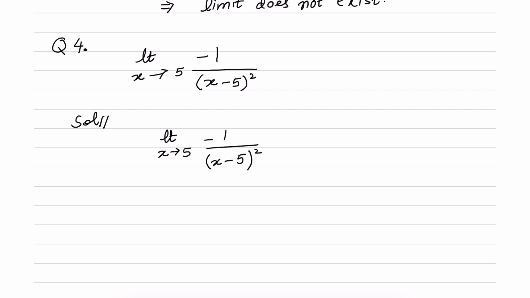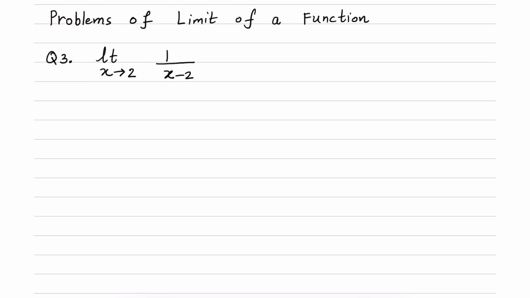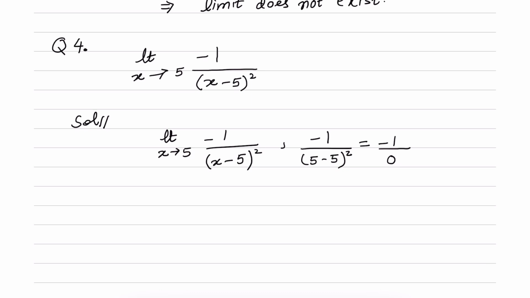And here the number is 5. When we directly plug in the number here, we get minus 1 over 5 minus 5 whole square. In denominator we have 5 minus 5 is 0, 0 square is 0, so we have 0. And our answer is minus infinity.